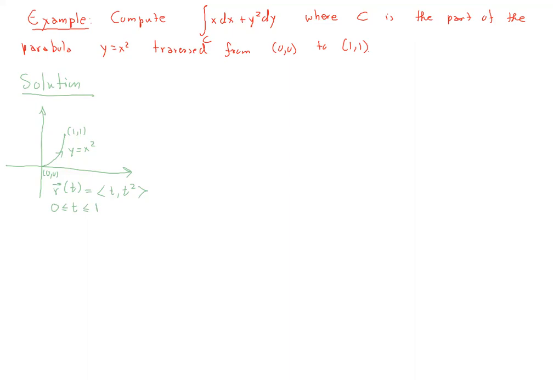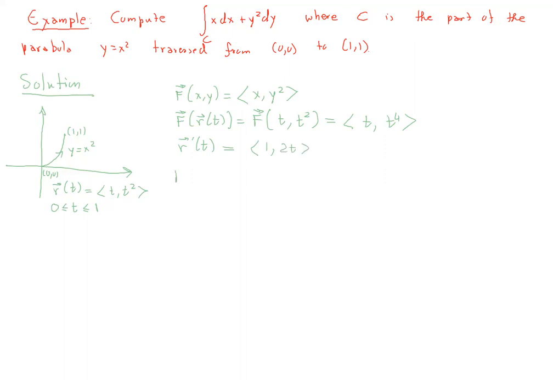Okay. Now, we need to identify the underlying vector field. And what is the underlying vector field? According to the notation that we introduced, it's x comma y squared. And we will need to find F of r of t. So we pull back the vector field onto the domain of the parameterization, which literally means that wherever we see an x, we replace it by t. Wherever we see a y, we replace it by t squared. And that will give us t comma t to the fourth. We now want to find the velocity. So 1 comma 2t.